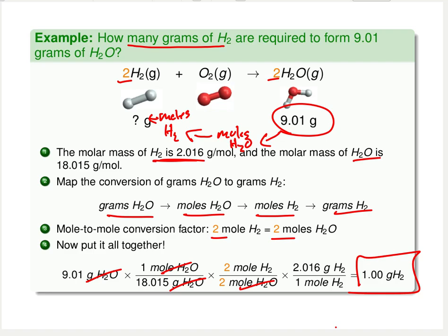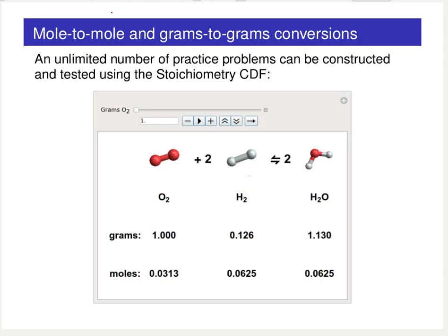Okay, so there's a lot of different ways, as I said, that you can ask these problems, and it's absolutely essential that you become very familiar with how to perform these mole-to-mole and gram-to-gram conversions. And so what I've done is I've built a little simulation using the Wolfram CDF player. You can download and launch this little simulation, and basically it allows you, using this little slider bar up here, to modify the number of grams that you have coming into a given chemical reaction.